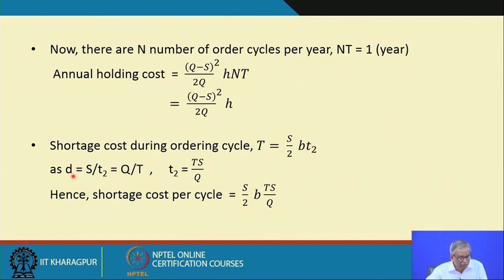So now you have small d equals S by T2 equals Q by capital T. Directly you get small t2 equals T S by Q. So this is the expression for the shortage cost per cycle. Instead of writing T2 over here, you substitute T2 with T S by Q, and you get this expression.